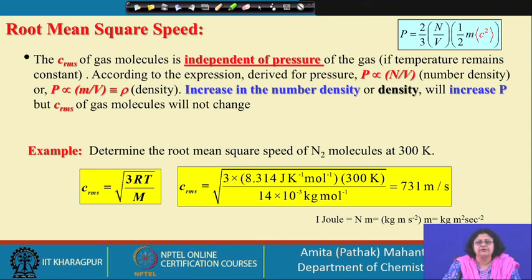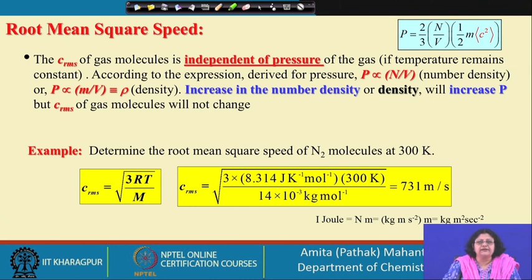The mass of the gas divided by the total volume will give you the density. So, as the number density or the density of the gas increases, what happens? The pressure increases, but it does not have any effect on the RMS speed of the molecules. They remain unchanged.